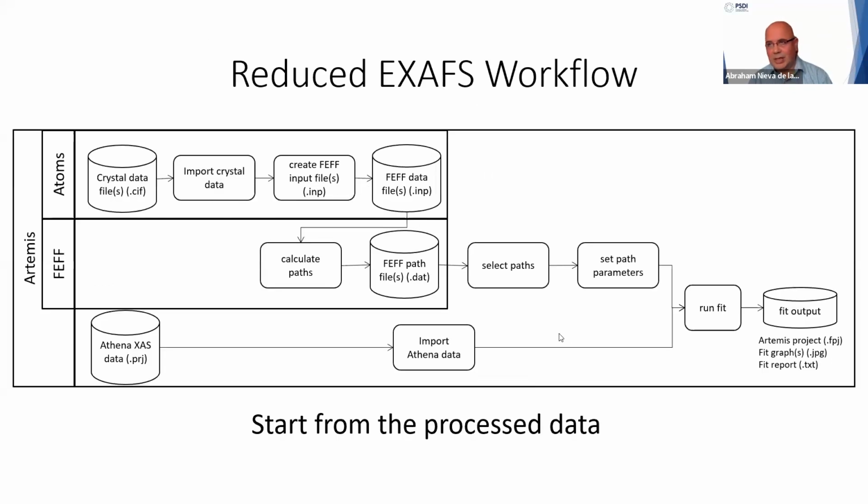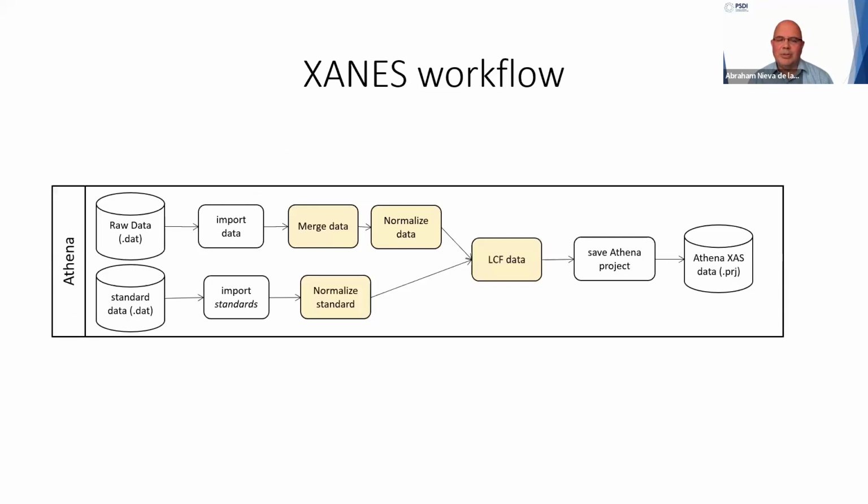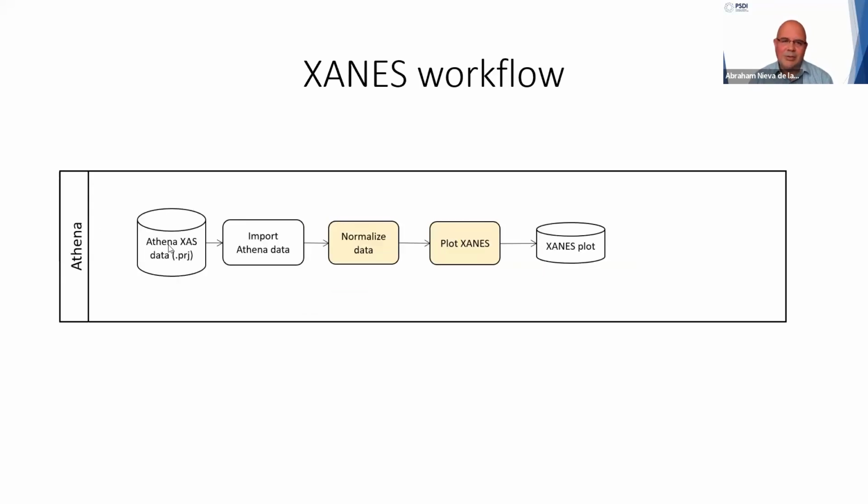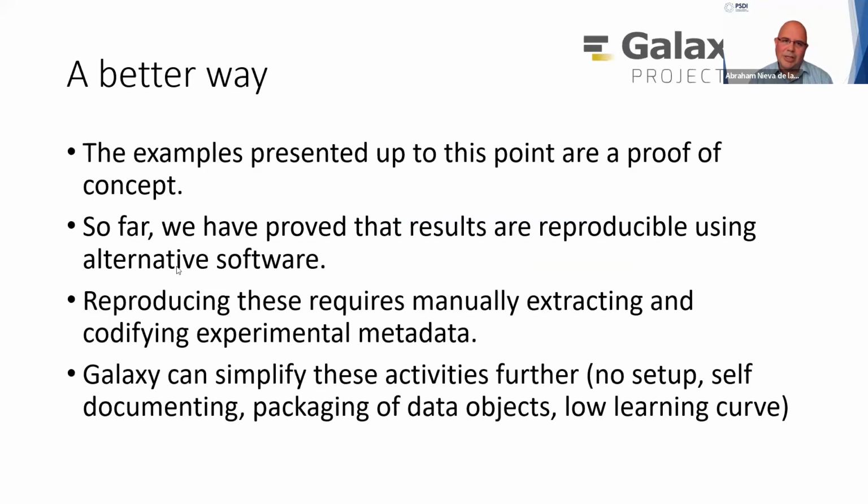But by reading the papers, we became aware that sometimes you start from Athena files, from project files, not from raw data. And other times you also add some analysis or linear combination fitting analysis to your data. And it's the same, you can start from raw data, Nexus or text, and you can also start from project data.